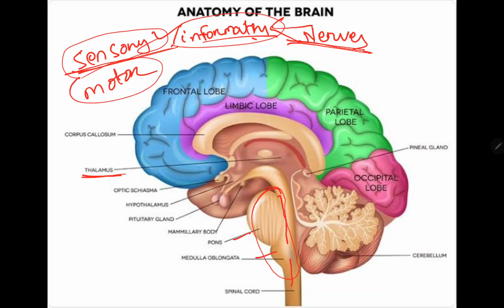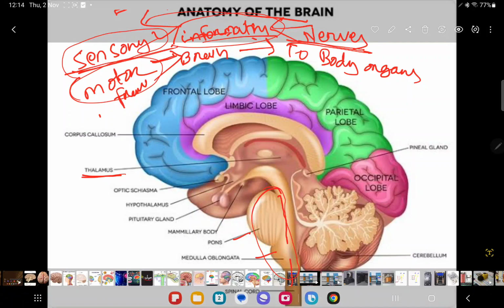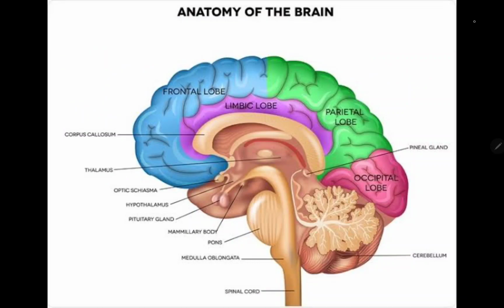But motor are the signals transmitted from the brain, the signals or information from the brain to the body organs. Means the brain receives signals and also gives signals.